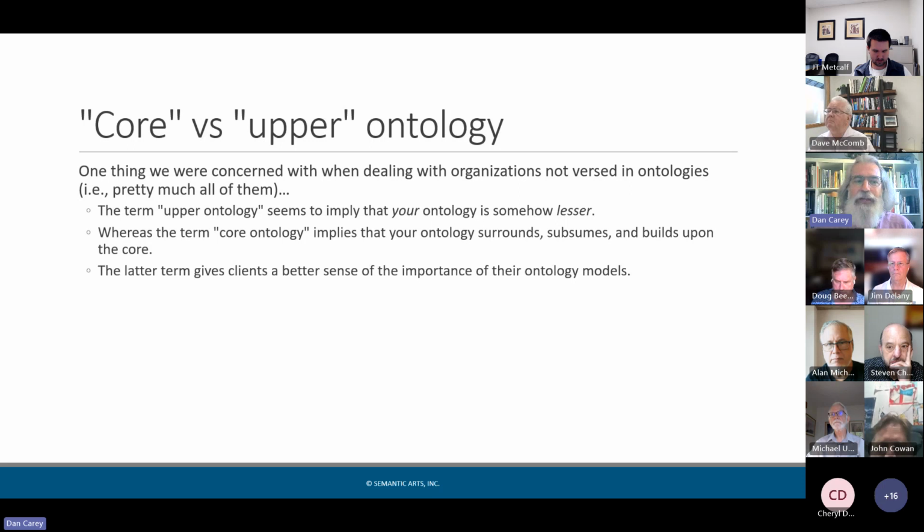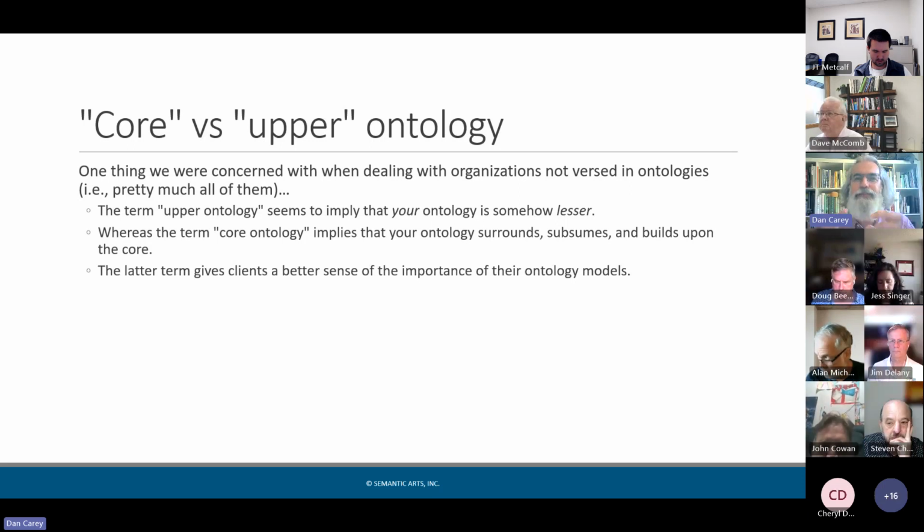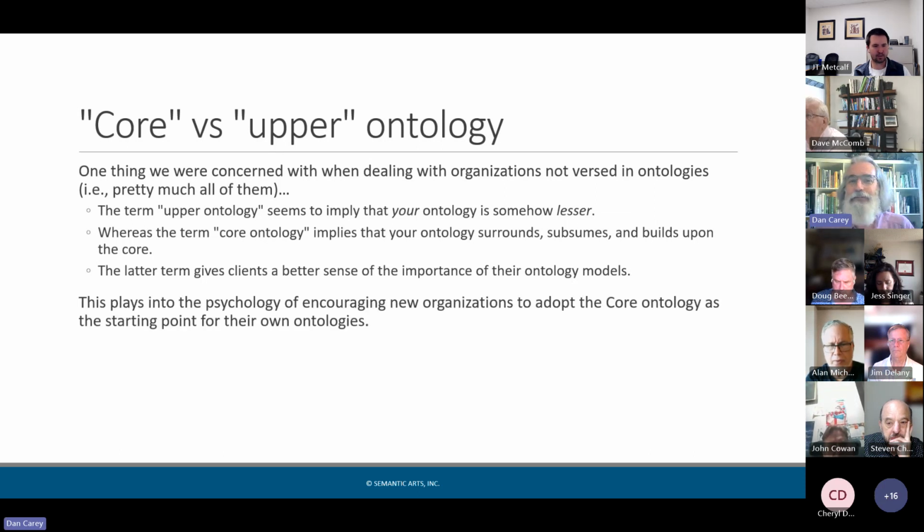That it creates a greater sense of importance of your domain ontology, and that gives people a certain level of comfort around that. So there's a little bit of psychology going on there. And so as we've gone to all of these different organizations within Morgan Stanley, we're using that terminology of the core. You build around the core.